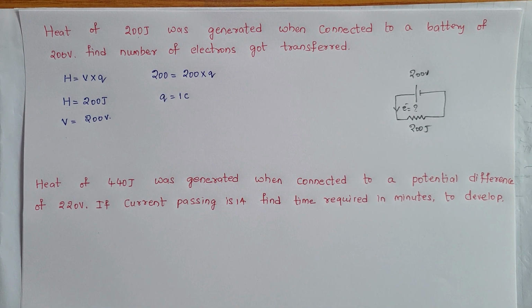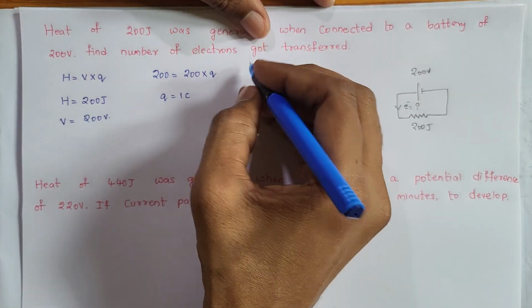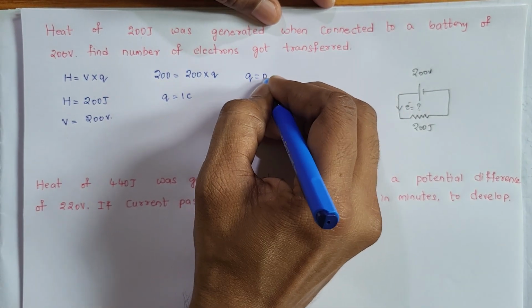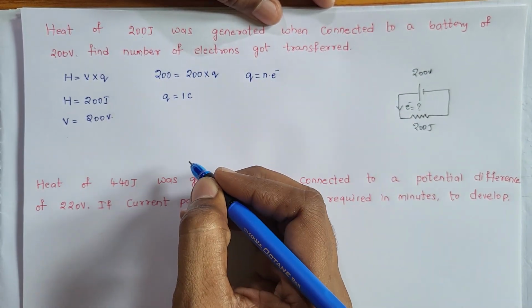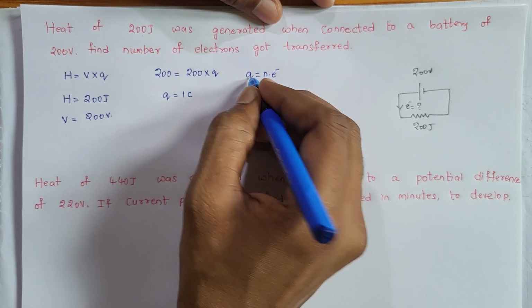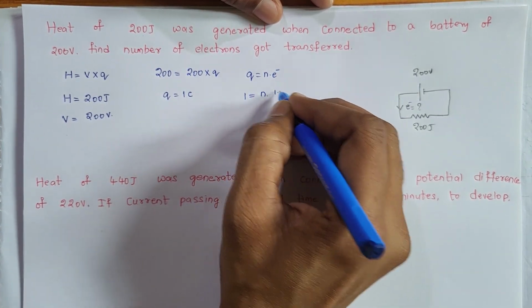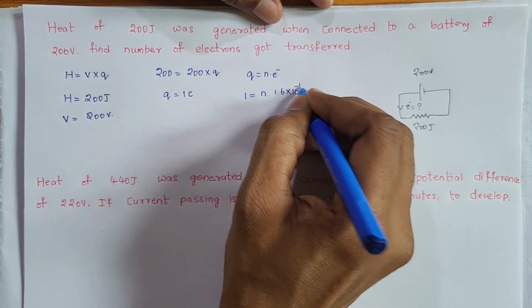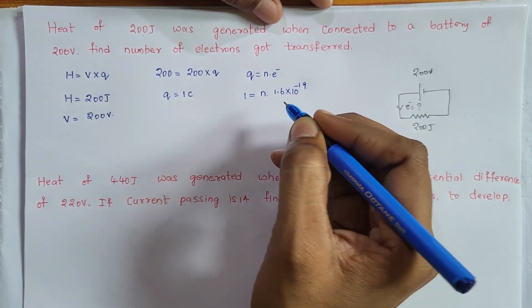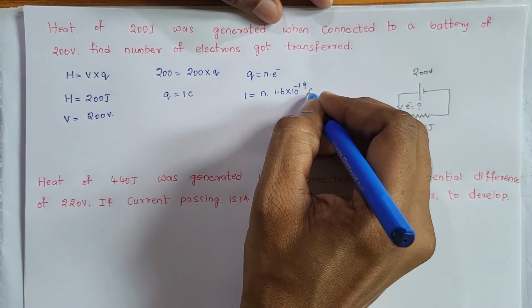How many number of electrons do we want? What is the formula for Q? Q is equal to N into charge of each electron. What is Q now? Q is 1 coulomb. N we have to find out. E is charge of each electron. Charge of each electron is 1.6 into 10 power minus 19 coulombs.